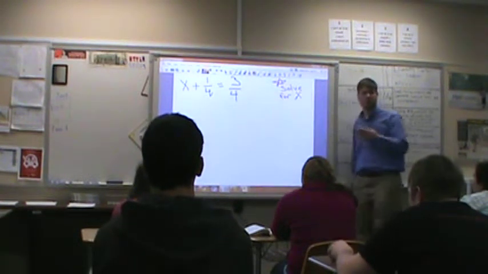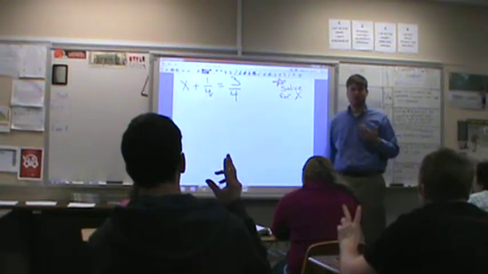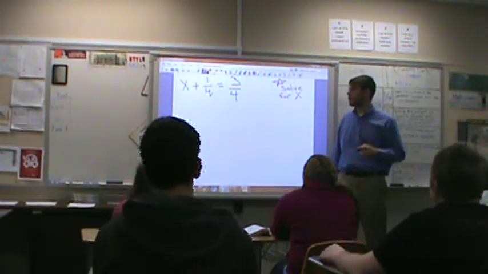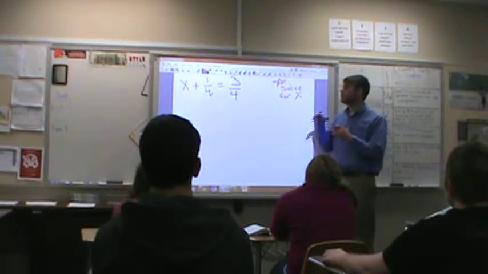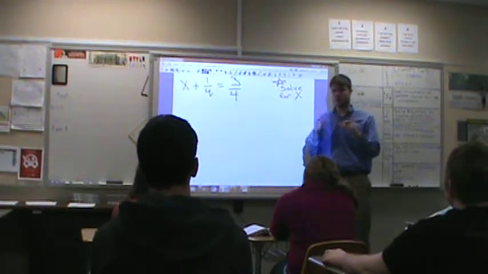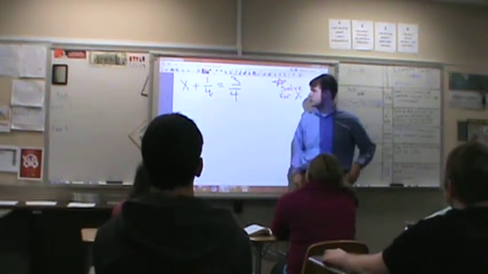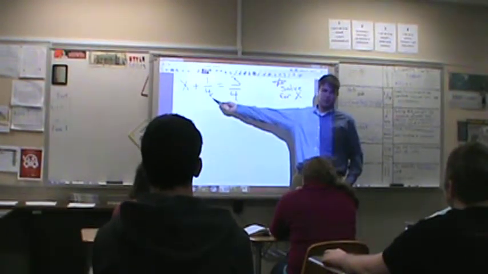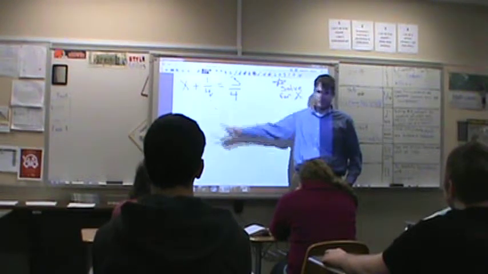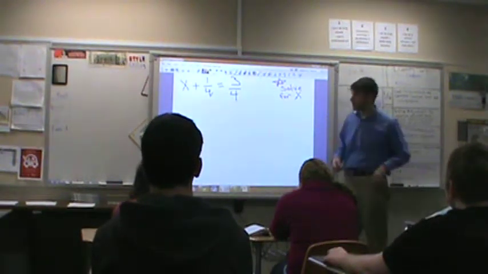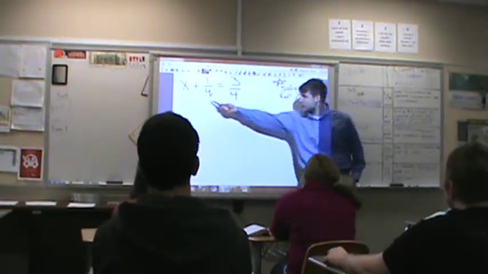What do we call x again? It's a variable. I could say y. I could say z. These are variables. They're unknown numbers. In this equation, what does 1/4 represent? Ty? Our constant.